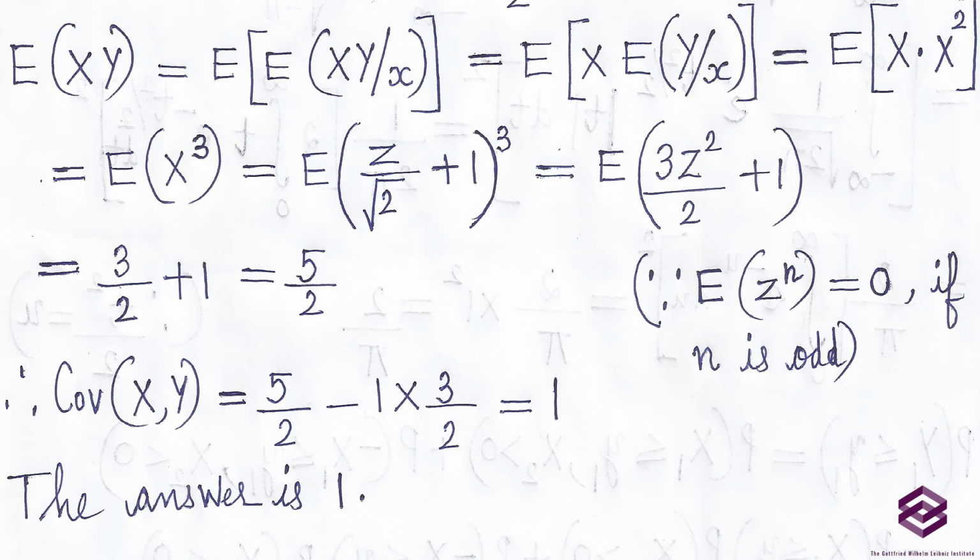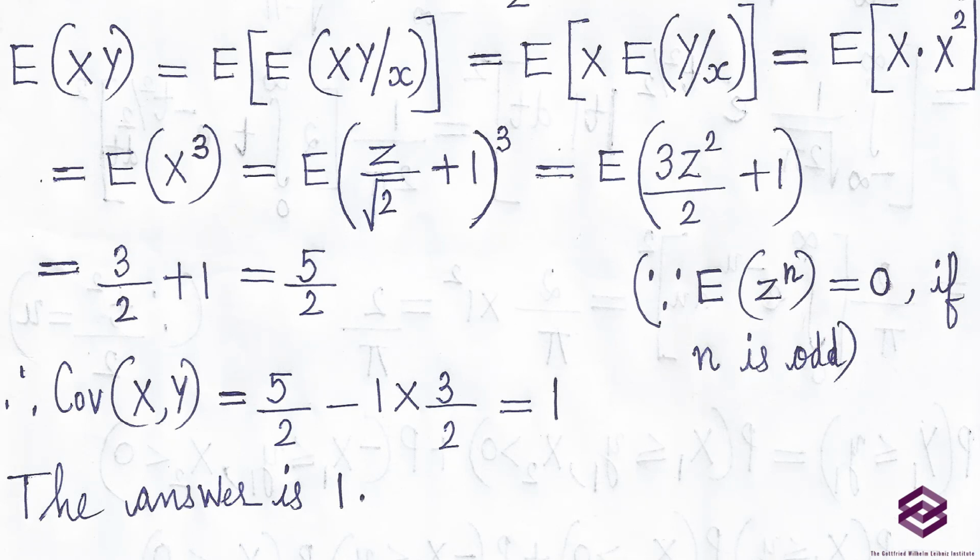So we do not have to consider the first power of Z and the third power of Z. Just retain the even powers of Z only. So we get that expectation of X cubed is equal to expectation of 3Z squared by 2 plus 1, which is equal to 3 by 2 plus 1. So we finally get that expectation of XY is equal to 5 by 2.